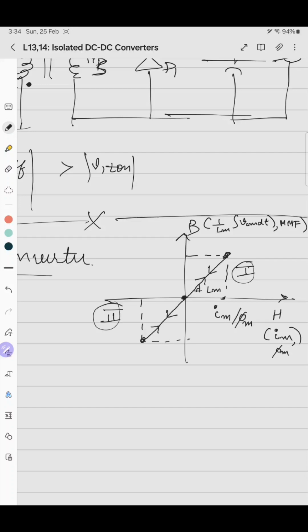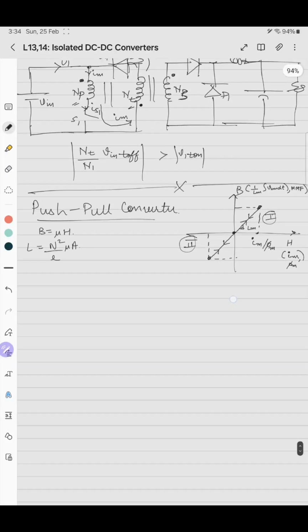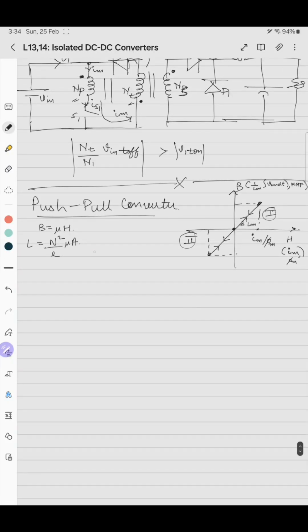because in the B versus H graph, the slope is mu, and we know that B is mu H. Inductance is N square by reluctance, that is L by mu A. We know that Im is 1 by Lm integral VLm dt.